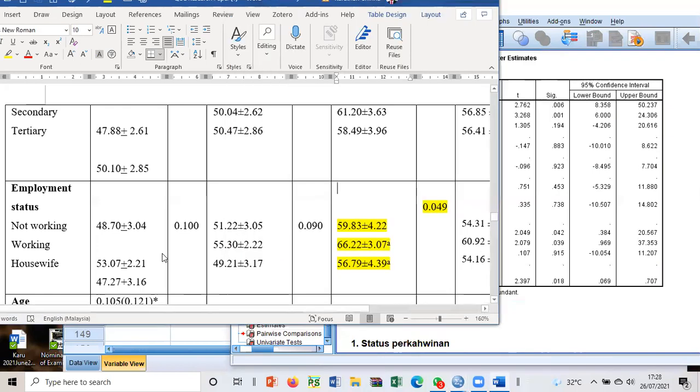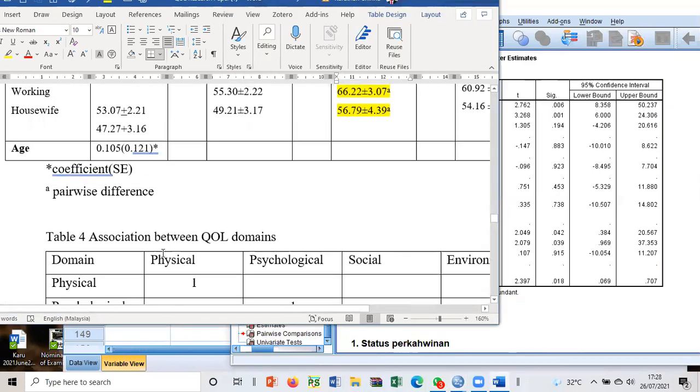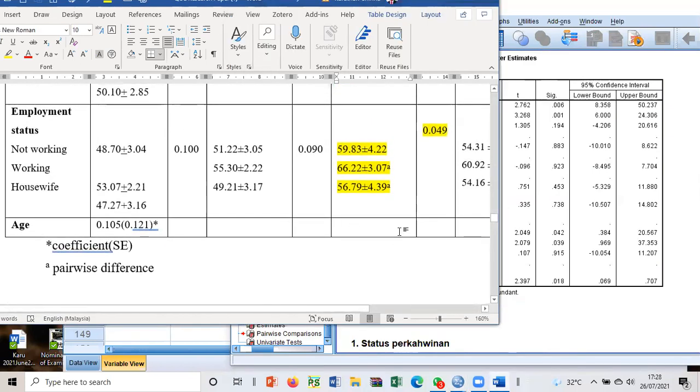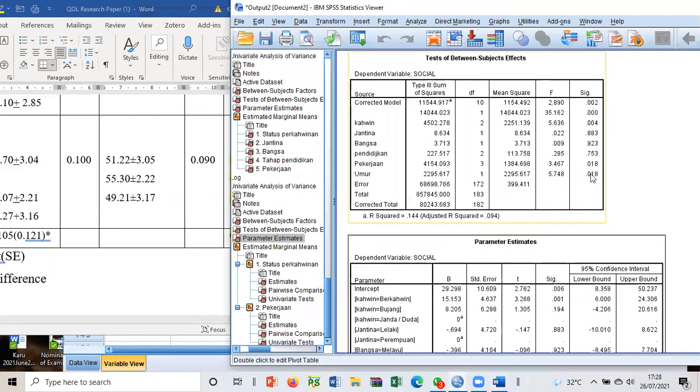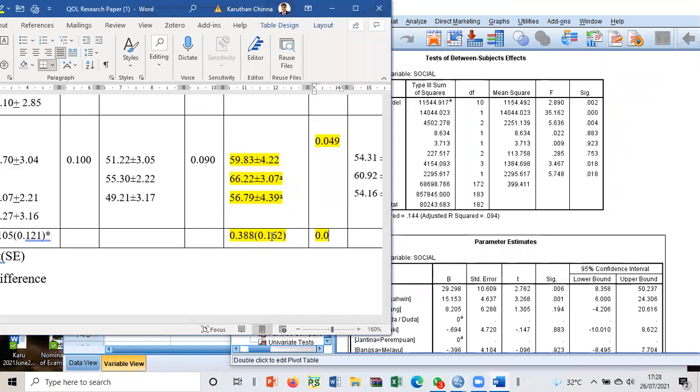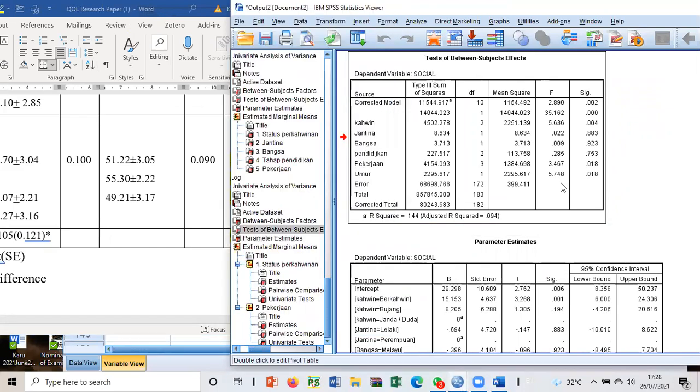That's all. So Umur is 0.388 bracket 0.162, and the p-value, what is the p-value? 0.018. Very clear?